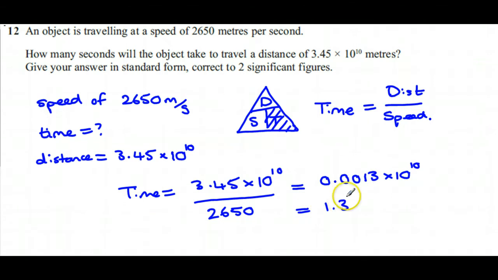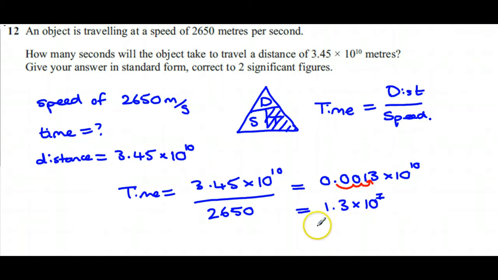So what's had to happen for the decimal place to end up between the 1 and the 3 is to move 3 times. In order to do that, I basically multiply this by 10 3 times. So I'm going to borrow 3 of those 10s, leaving me with 10 to the power 7. I hope that wasn't as confused as I made it.